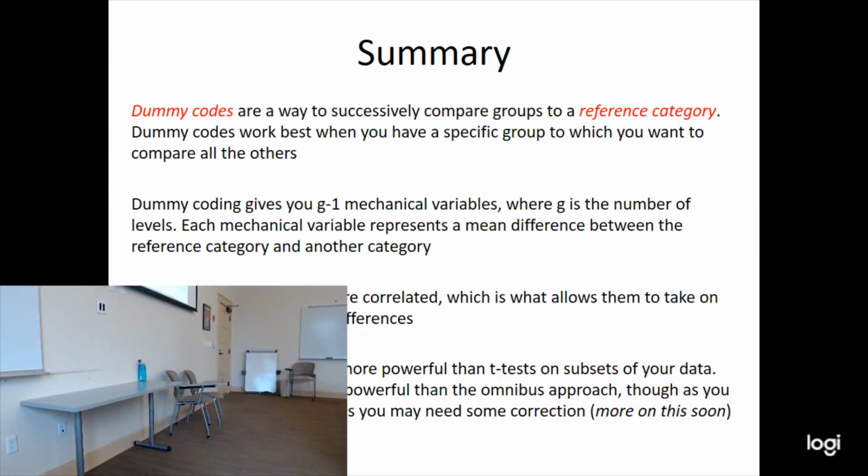So just to give you a sense of where we're headed, this is all the specific content about dummy coding, because there's a lot of similarities between how the dummy codes work and other ones that we've looked at. There's a lot of that same structure.